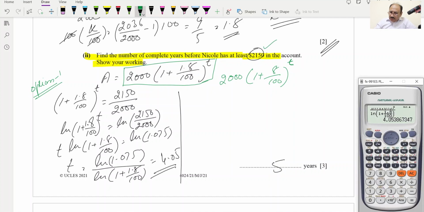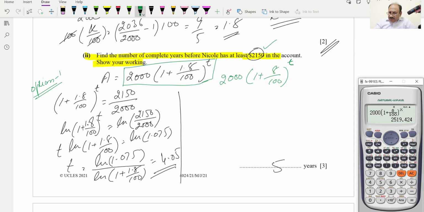Now use your calculator. We just type in 2000 and bracket, 1 plus 8 over 100, and this raised to the power, just type alpha and x. Now we will calculate for x values. Calculate for x equal to 3, and we get 2519 for 3, which is more.